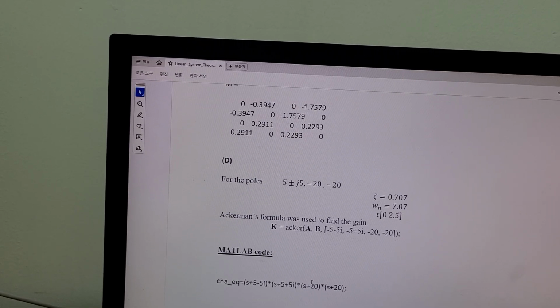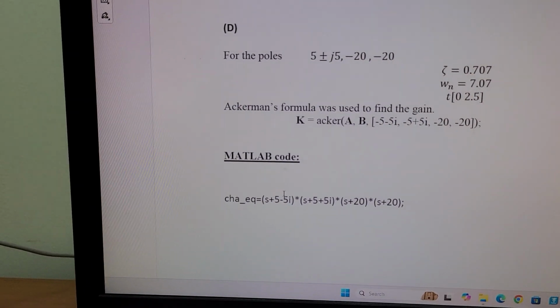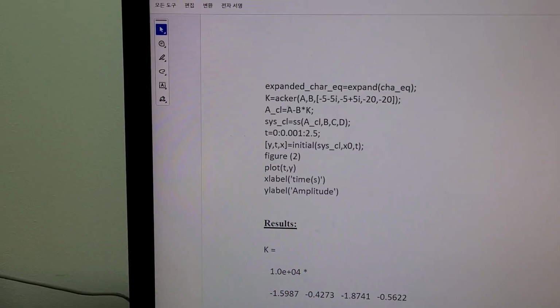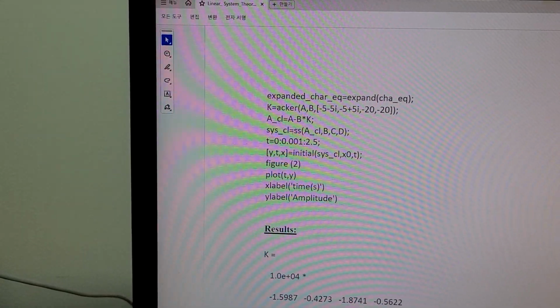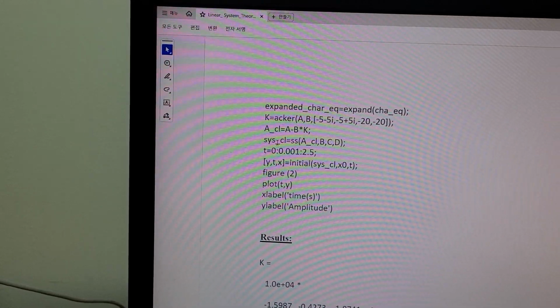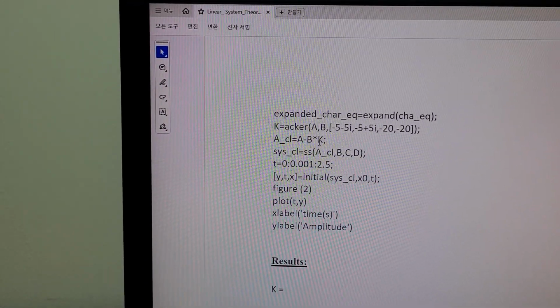So this is the characteristic equation in MATLAB. Similarly, we can write the closed loop matrix A minus BK. This is the closed loop system, and this is the pole placement method.